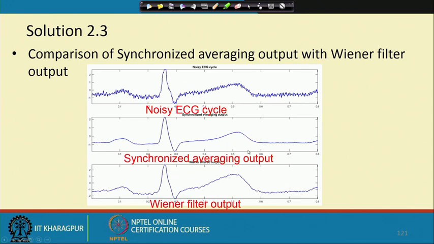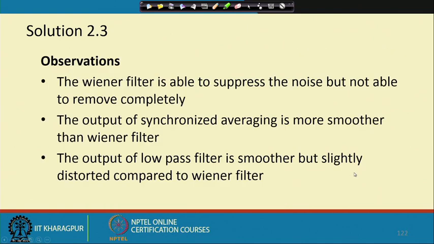Next, when we compare with the synchronous averaging, we see the output of the synchronous averaging is much more smooth. Out of all these cases, synchronous averaging is even better than the Butterworth filter, and compared to that, the Wiener filter has noise. So, that is what we observe.